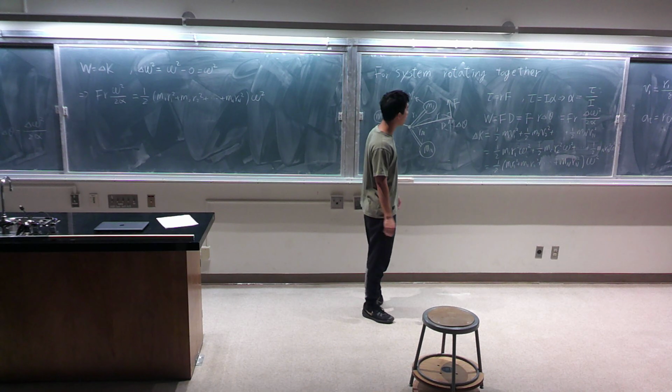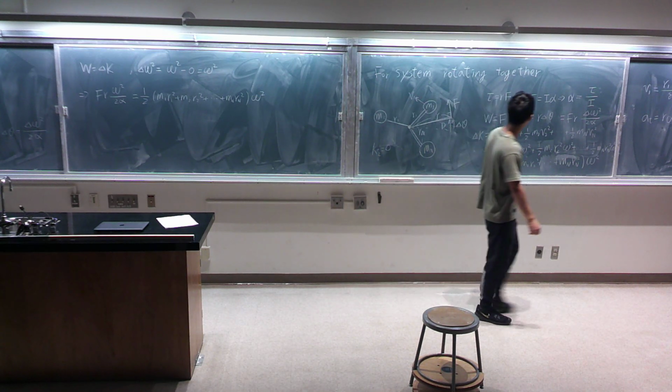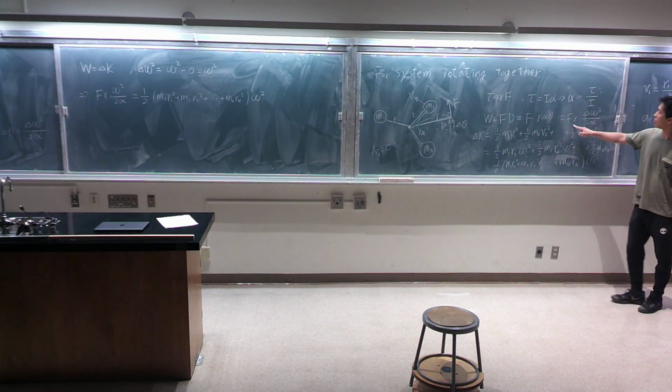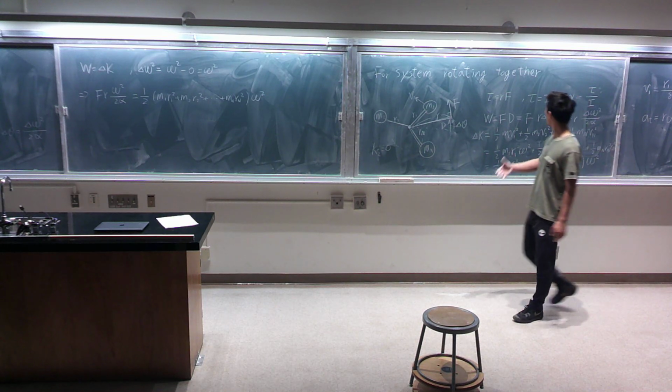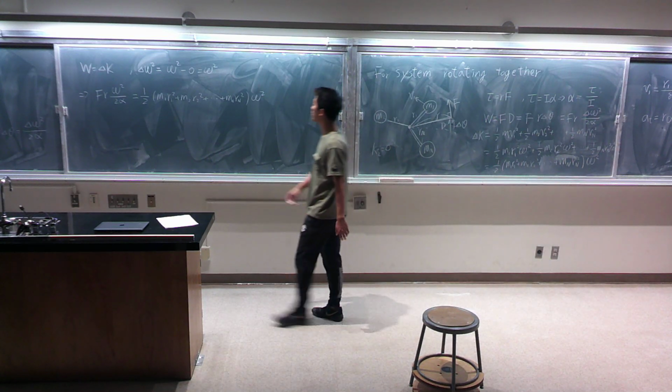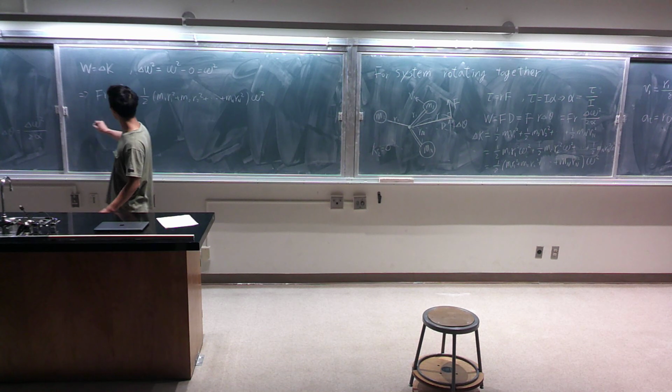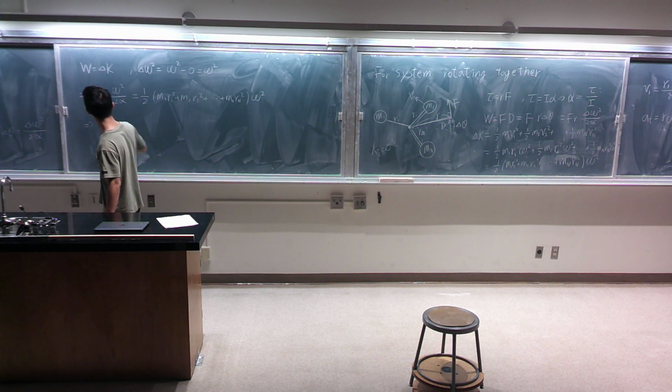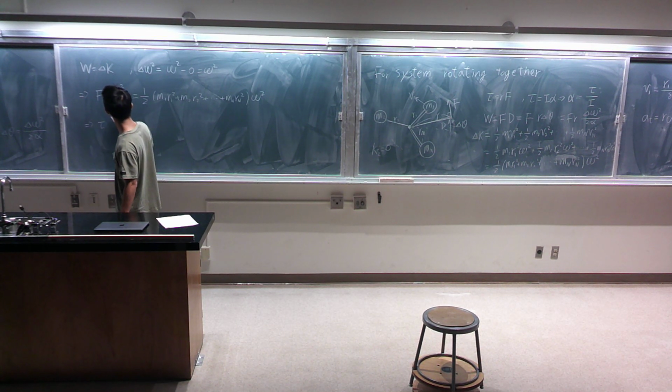I should just keep it as the torque. Fr is the torque that I'm applying. So I can write it as torque times omega squared divided by 2, and I'm going to move alpha over here.